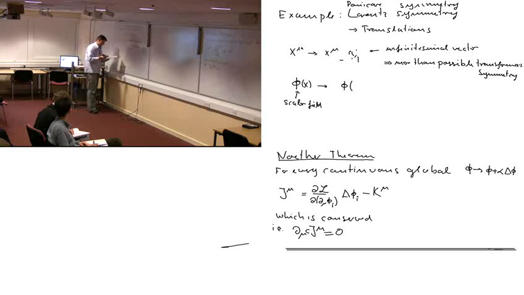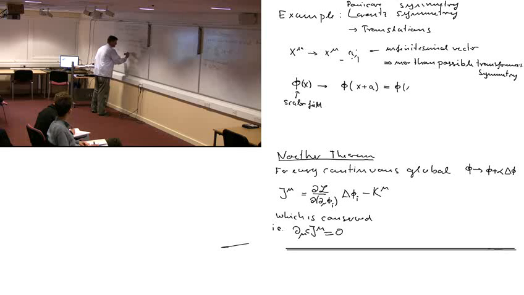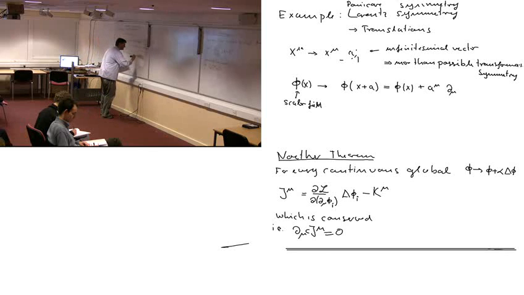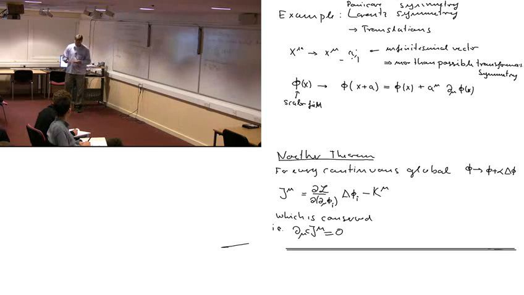So our new field should now be evaluated at x plus a. And if our translation is infinitesimal, we can basically expand around the point x, simply go to the first order in the Taylor expansion, and transform it like this. So this is the transformation property for a scalar field under translations along the vector a mu.